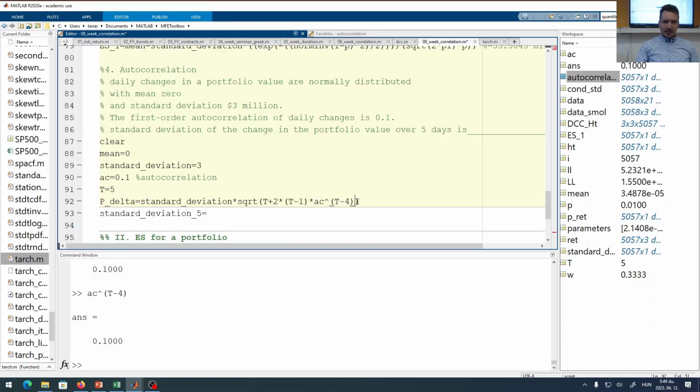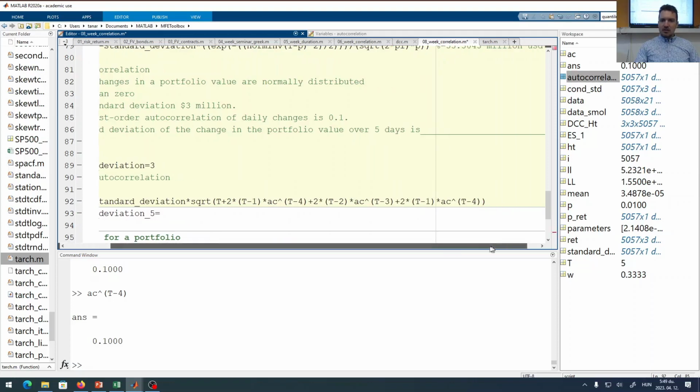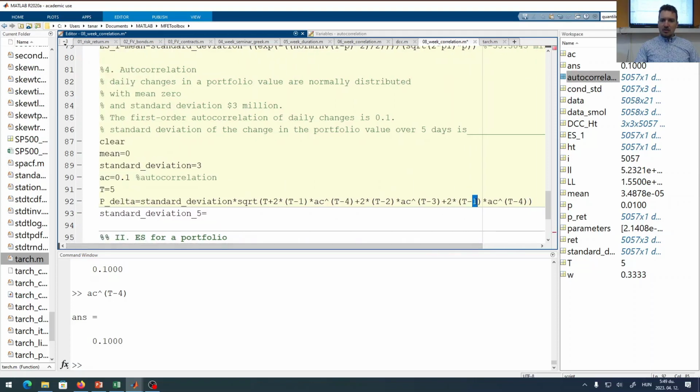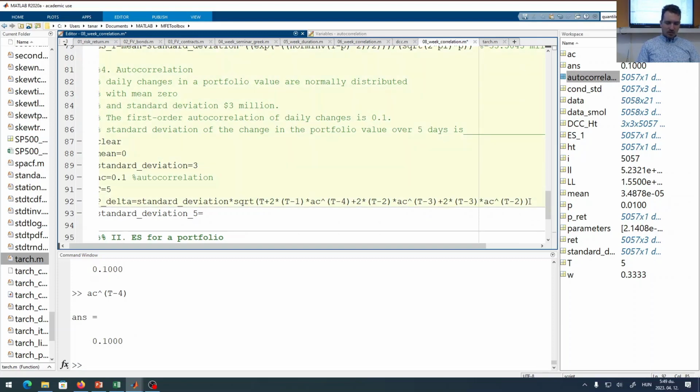Okay, then we can just scale this thing up. Actually, we could write a nice for cycle for everything, and after that just add them together. This one is growing, this one is decreasing.